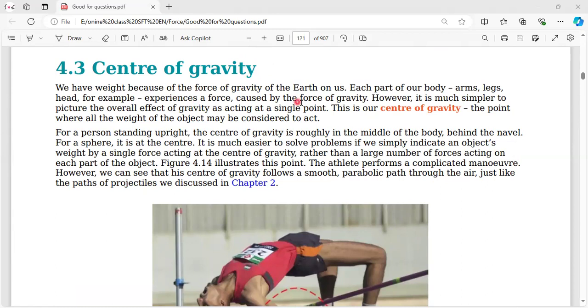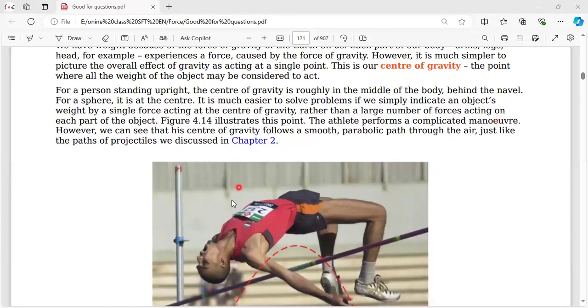However, instead of going for each and every part of our body, we can just consider a single point where the overall effect of gravity acts as a single point. This is called the center of gravity, or you can simply say the point where all the weight of the object may be considered to act.